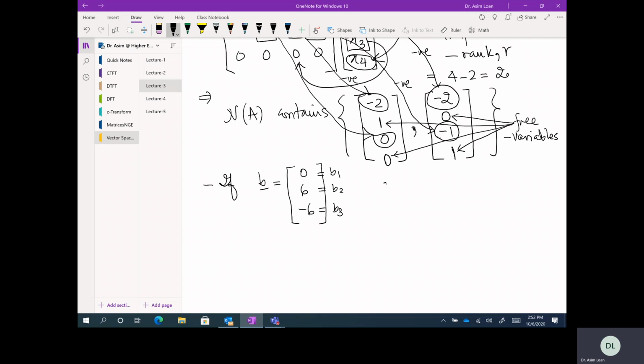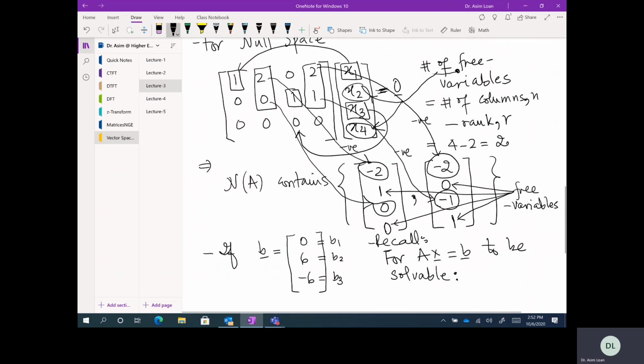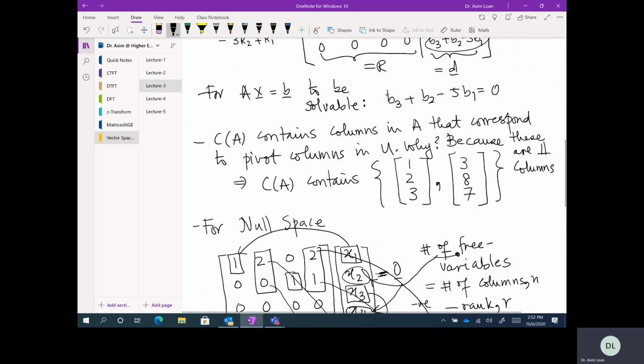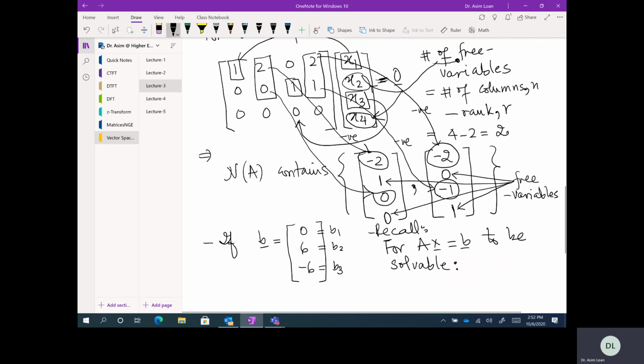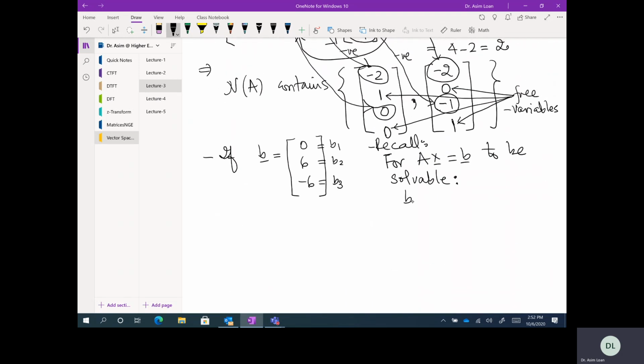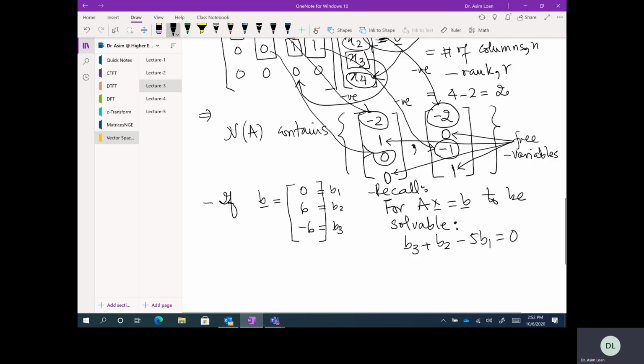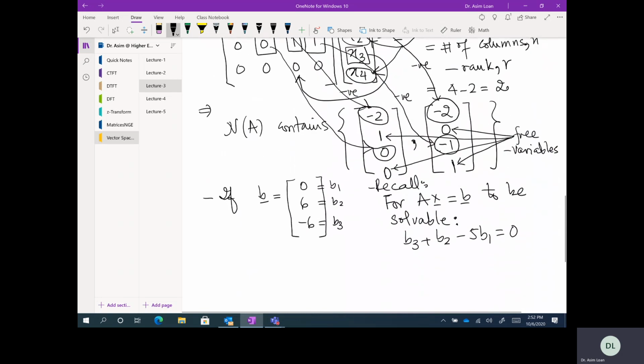For Ax equals b to be solvable, recall, we want b3 plus b2 minus 5b1 equal to 0.